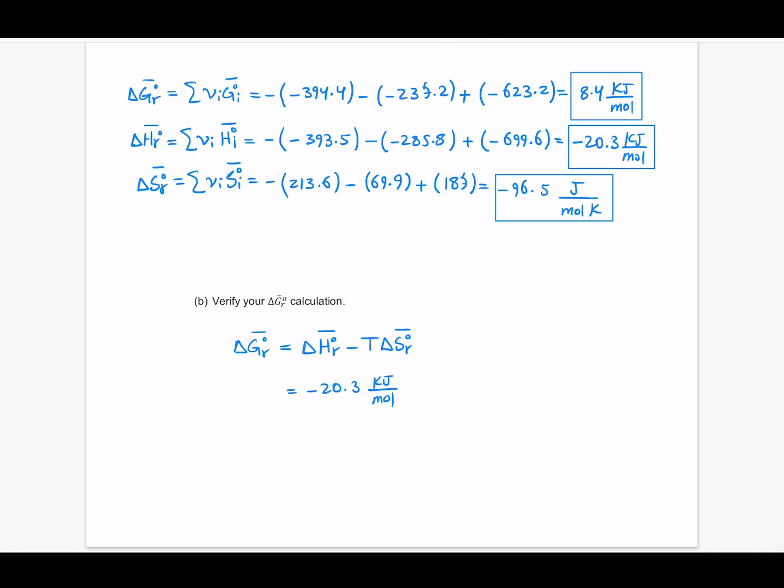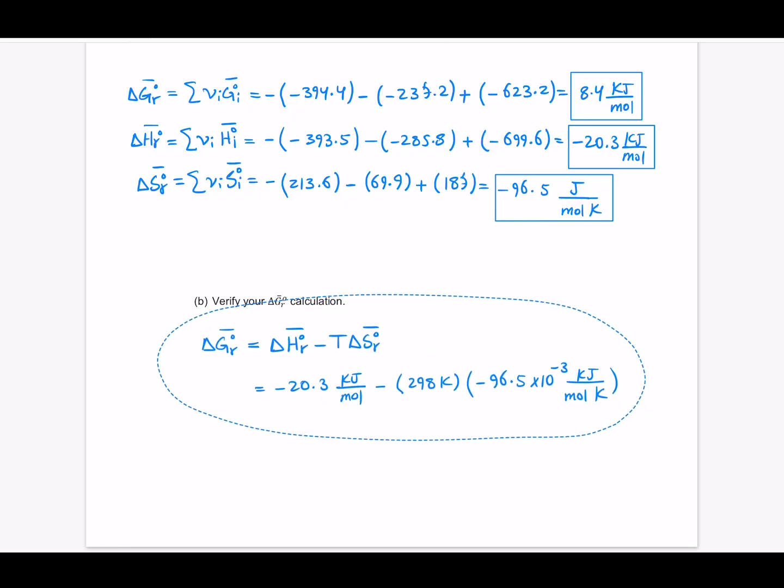I'm intentionally adding the units so you make sure you do the unit conversion. So T would be 298 Kelvin. And then delta S would be minus 96.5 times 10 to the minus 3 kilojoule per mole per Kelvin. Again, I'm intentionally adding that unit to show that you need the unit conversion.